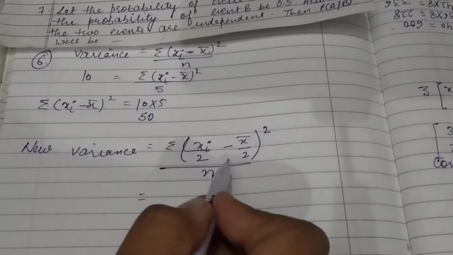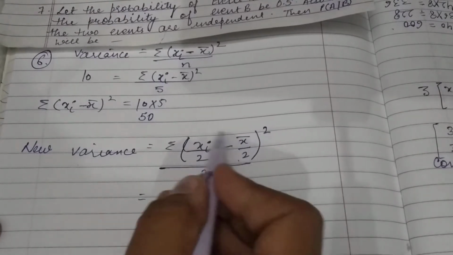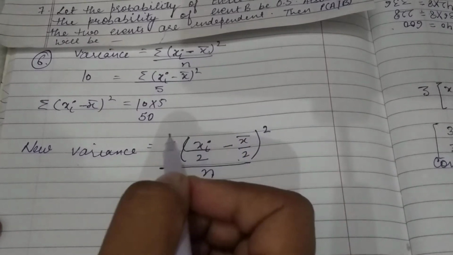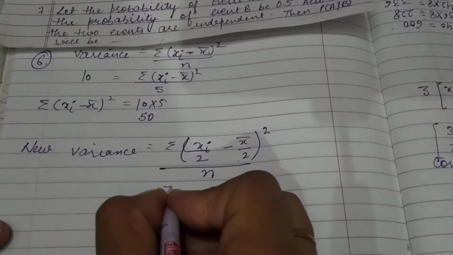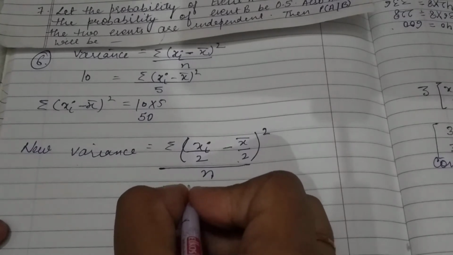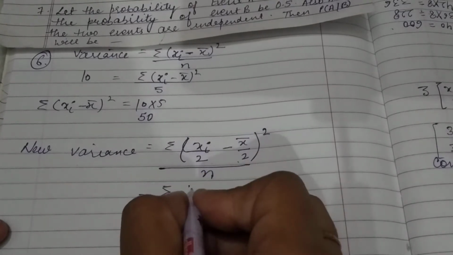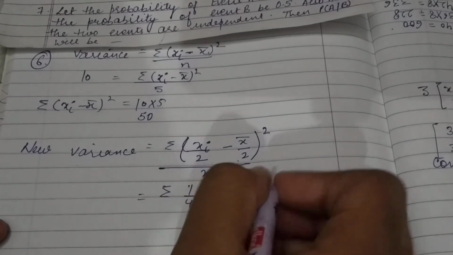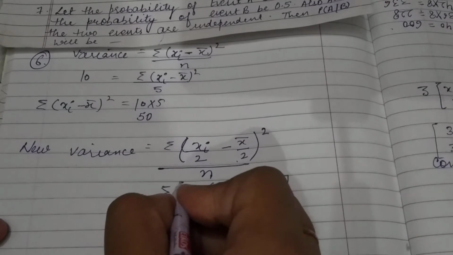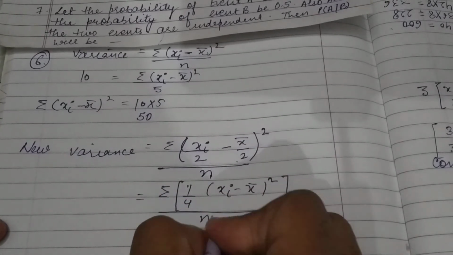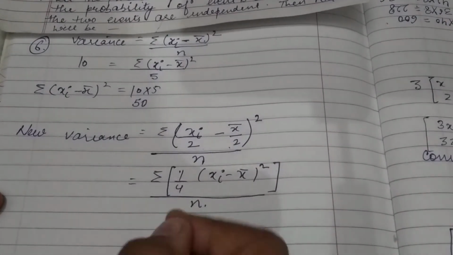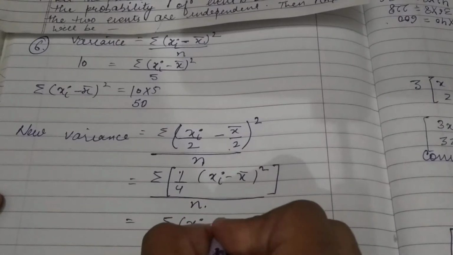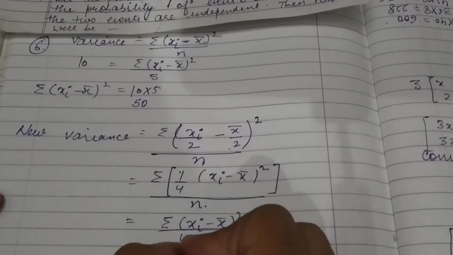If I take 1 upon 2 common from this part and the square also, it will come out as 1 by 4. So 1 by 4, and write the whole part simply. So this 1 by 4 will go in the denominator and this will become 4n.